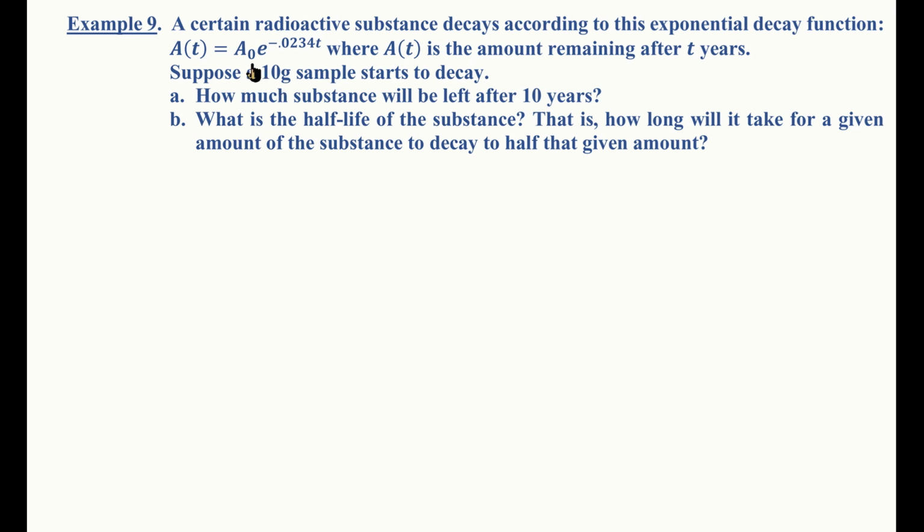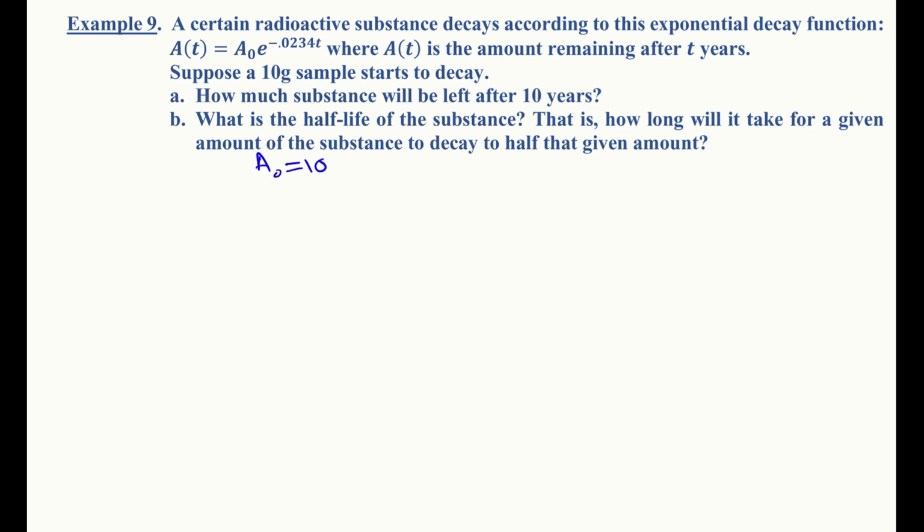So that would be your A0, the initial amount of the substance. T is the number of years, and A of t will be the amount that will be remaining after the t years. Remember, because of that negative exponent, this is going to be an exponential decay curve, right?